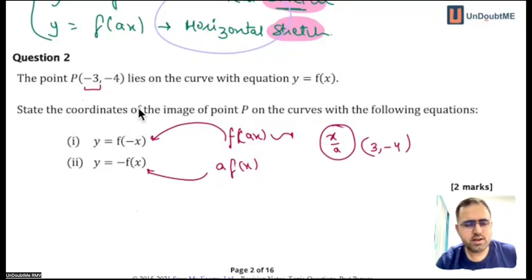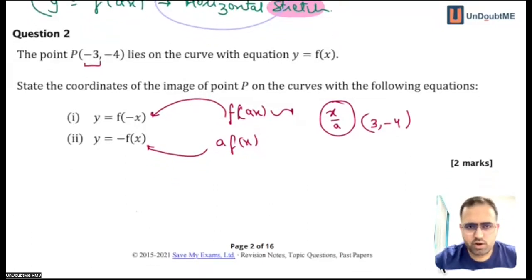So can you see that the x values are getting reflected? What does that mean?